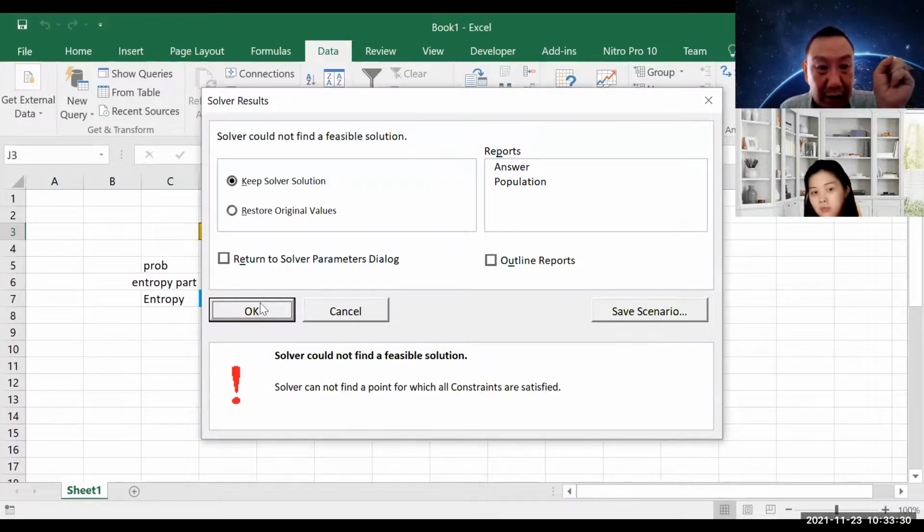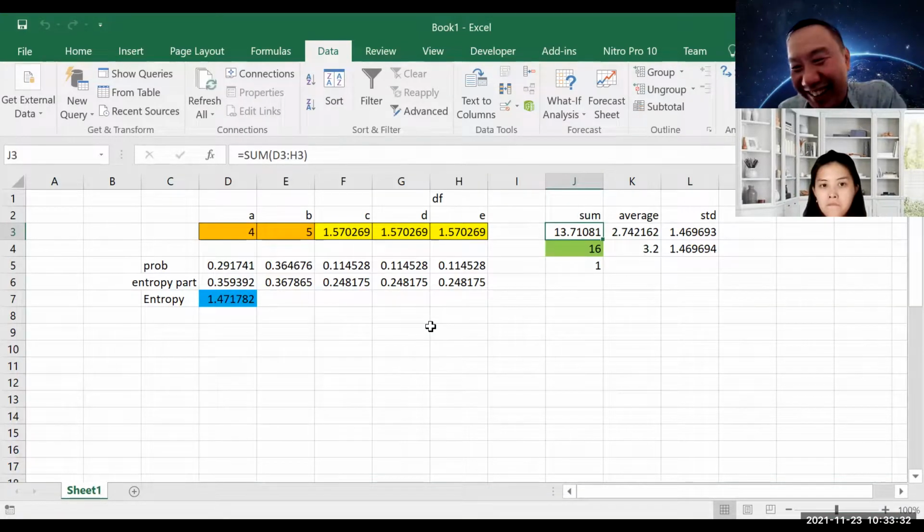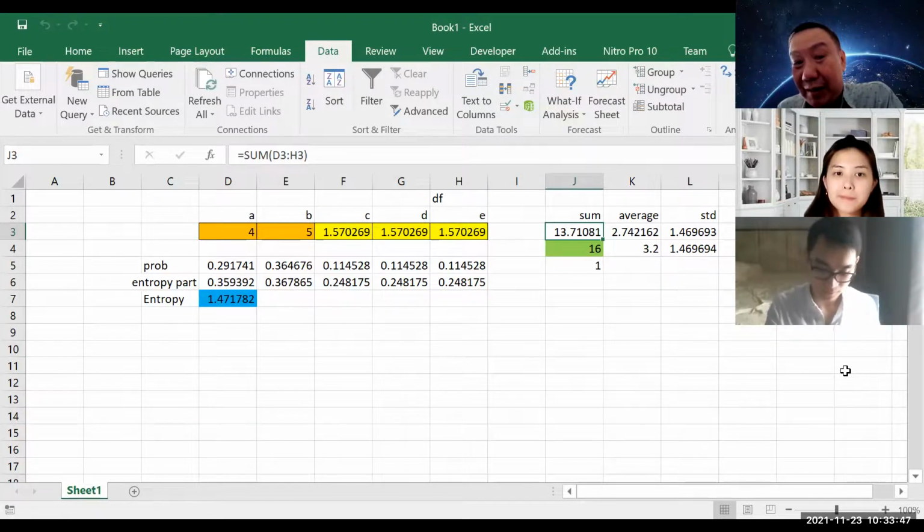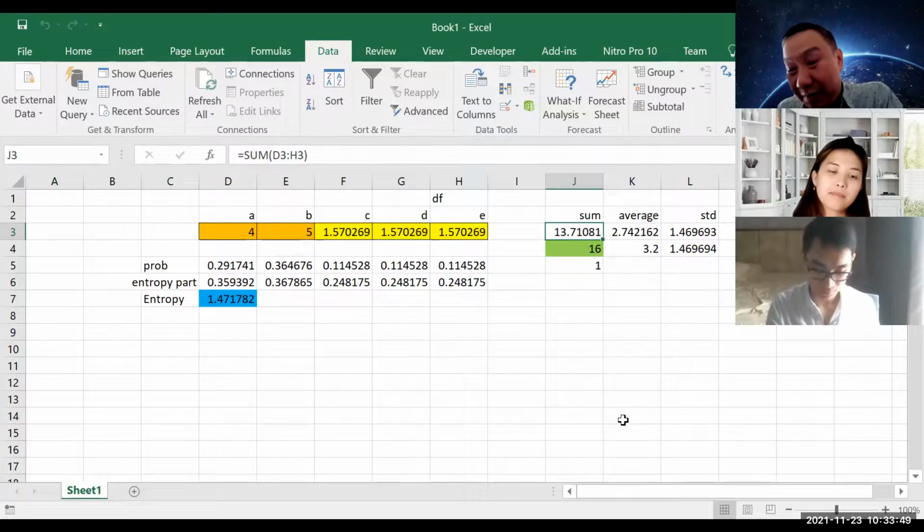Oh, still cannot find the solution. If you have too many constraints, you cannot find it either. So this is another method if you want to get the maximum doubt, which is the maximum uncertainty.